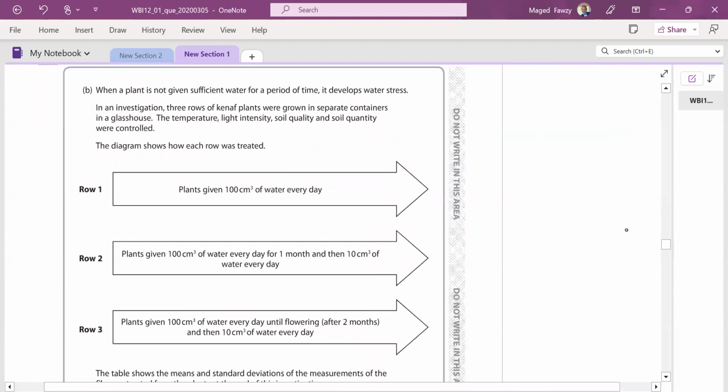You have 1 minute to read the question, and then we will answer it together.